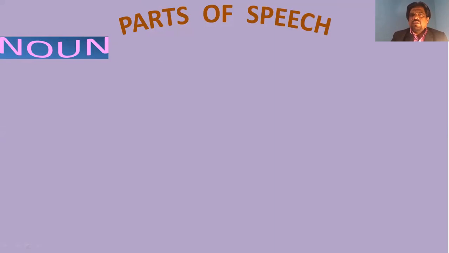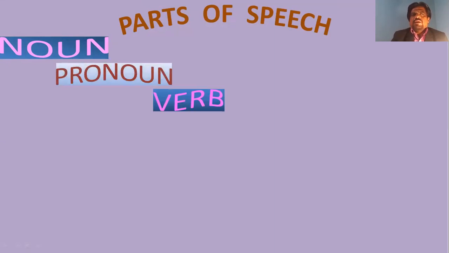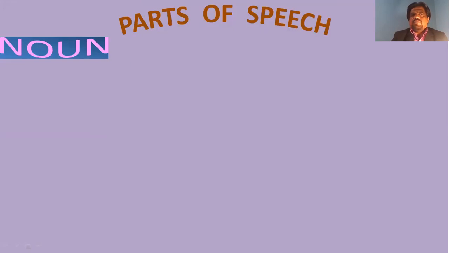The first one is noun. The second one is pronoun. It is easy to move from noun to pronoun. And the third one, also a very short word, is verb. So we have the first group of parts of speech: noun, pronoun, and verb.